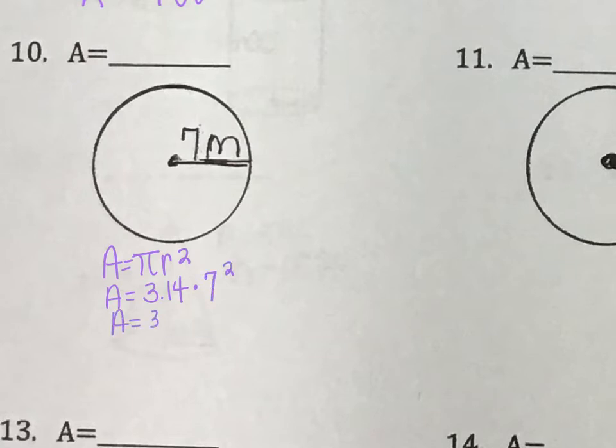Area equals 3.14 times 49. Area equals 153.86 meters squared. Okay? Any questions on that one?